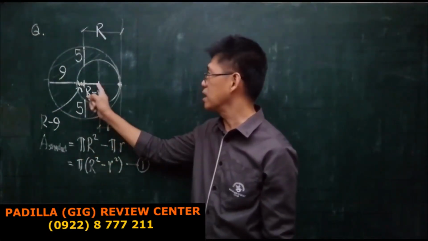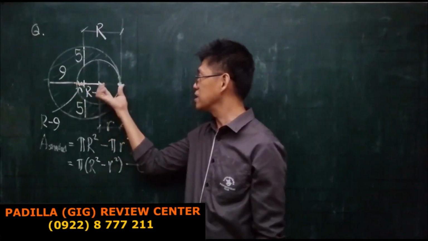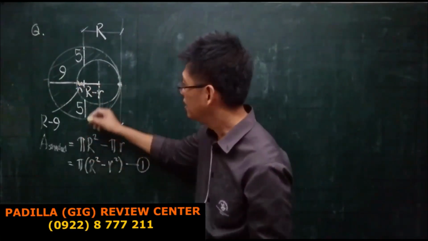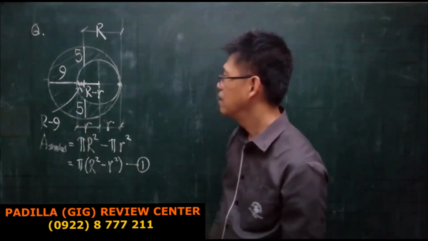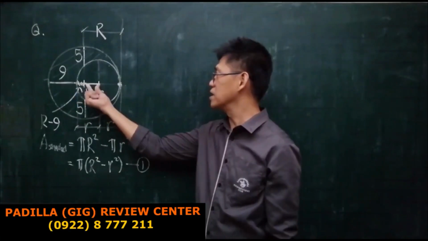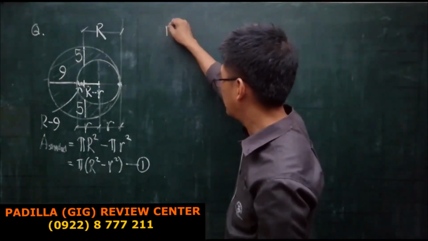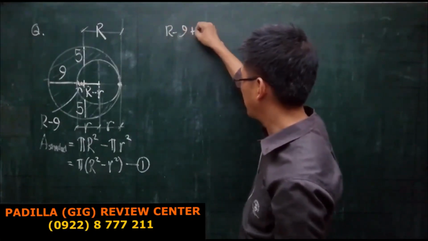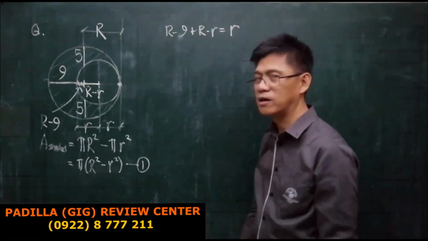But this is the center of the small circle. This is radius, this must be small r. By observation, this plus this is small r. So I have R minus 9 plus R minus small r is small r.